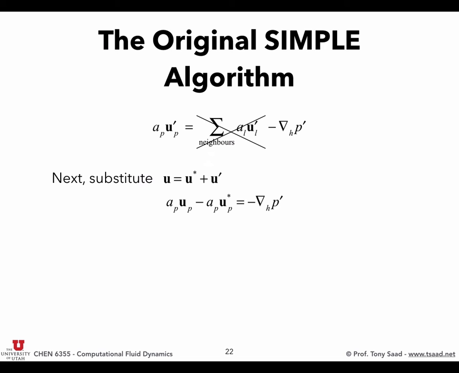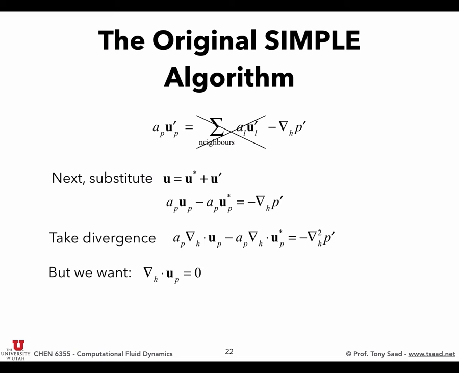So what do we do next? Yes, we take the divergence of this equation. Now we want div UP equal to 0. We want this to be 0, right? That's what we're trying to solve for. And we know U star, so that leaves us with P prime. That gives us an equation for P prime that's pretty similar to the projection method.